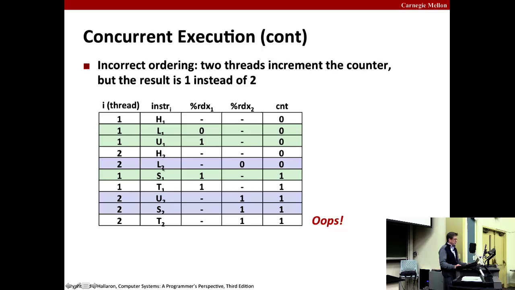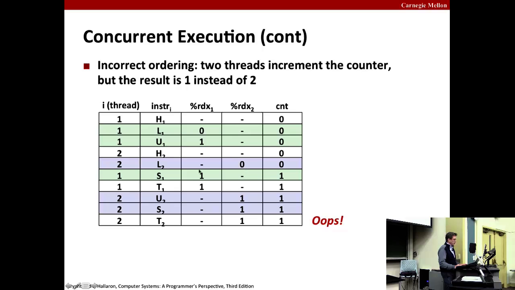It loads count into its copy of RDX2. You notice count is still 0. It's 1 in the copy of RDX in thread 1, but it hasn't been updated in memory. So when thread 2 loads its value of count, its copy in RDX is 0.